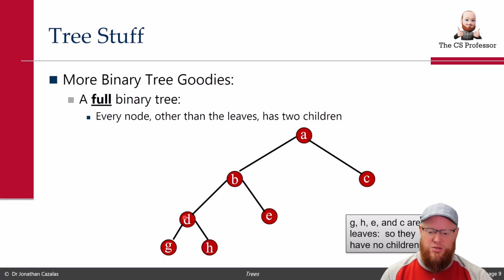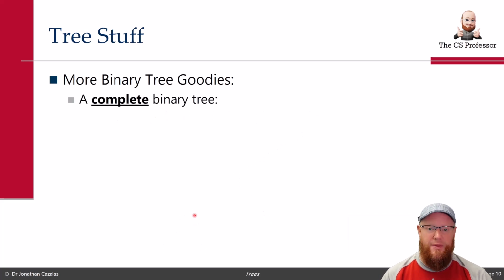What are the other nodes? A, B, and D. So we ask ourselves, do all of those non-leaf nodes have exactly two children? A has 2 children, B has 2 children, and D has 2 child nodes. Therefore, each one of the non-leaf nodes has 2 children, and therefore we can say this is in fact a full binary tree.